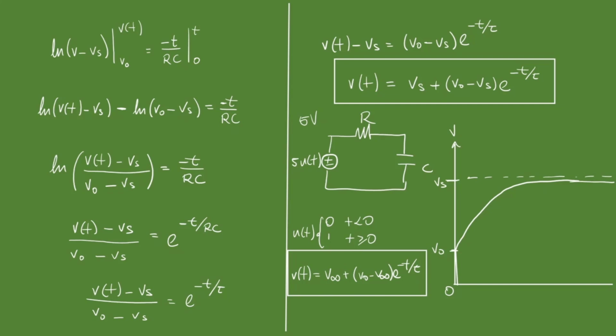And another thing I want to point out is, let's say, for instance, that we don't have a source here. The value of this source, the voltage at infinity, V infinity, is equal to 0, or Vs is equal to 0. Let's look at our formula and see what happens. If Vs is equal to 0, this goes, so nothing is being added. And this goes, so nothing is being subtracted.